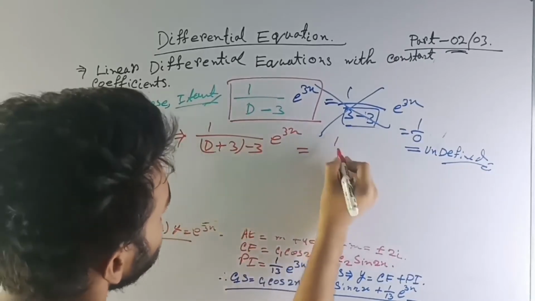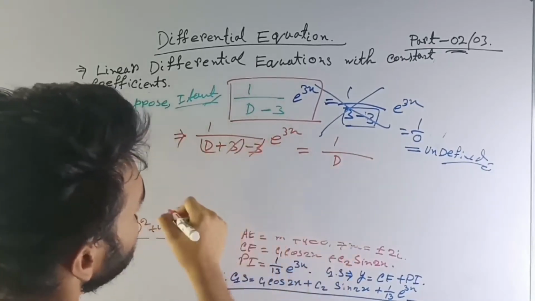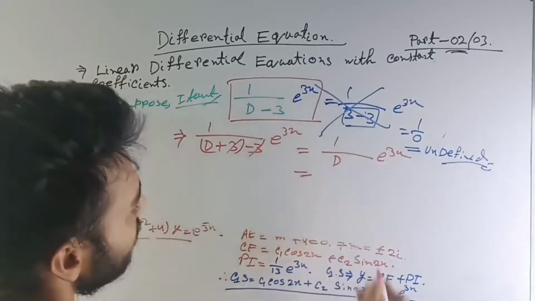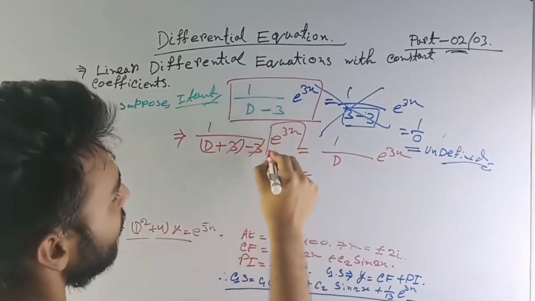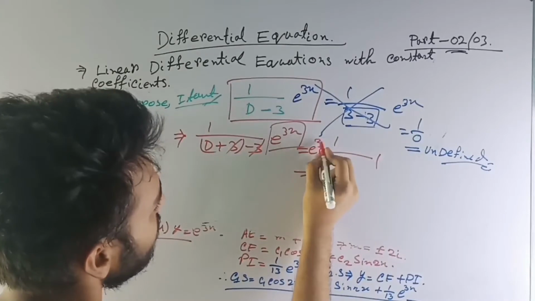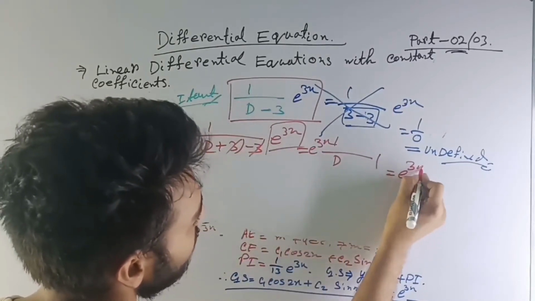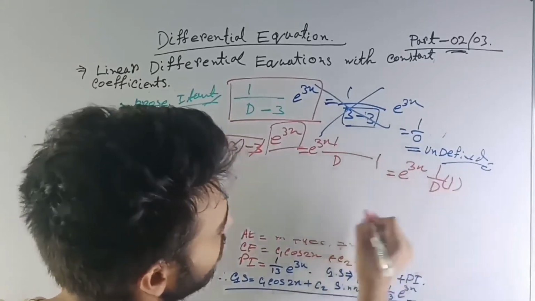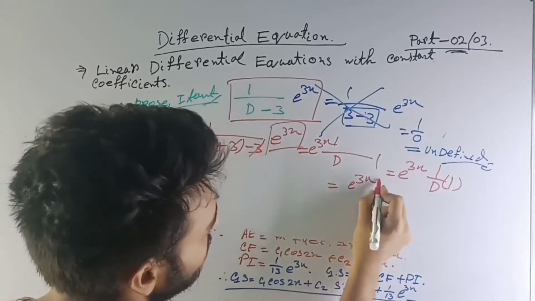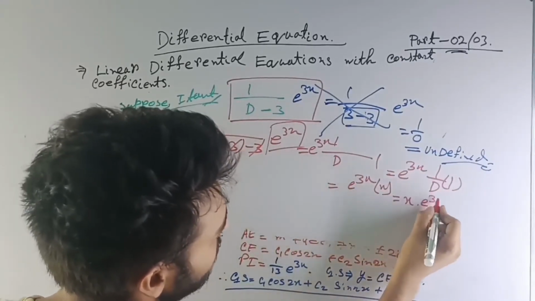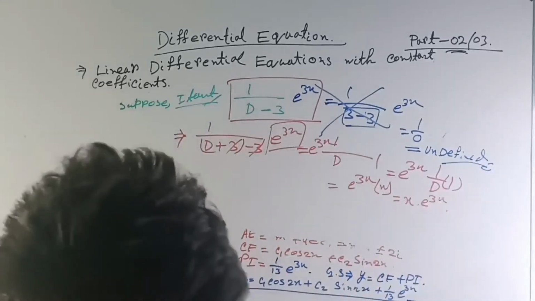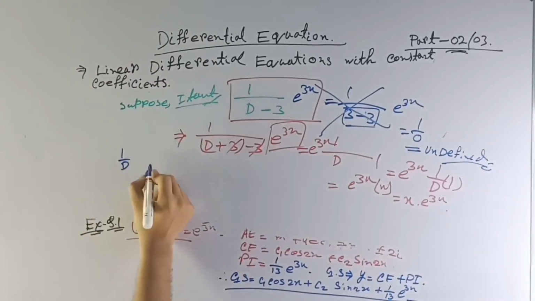I also want you to understand what the particular integral is, that is, why the particular integral is coming, that's the name. So now 1 by d plus 3 times minus 3, the plus and minus cancel out. So e to the power 3x times 1 by d times 1 equals e to the power 3x by 1 by d.